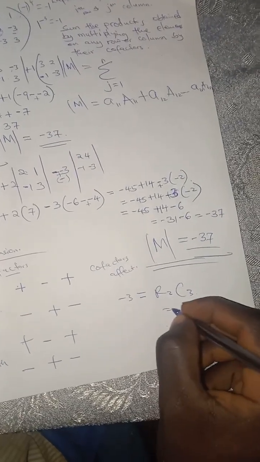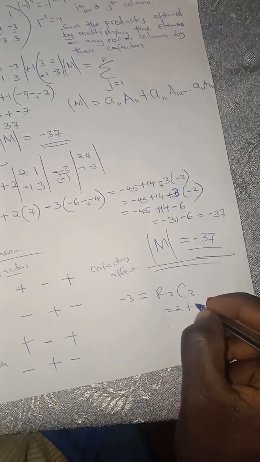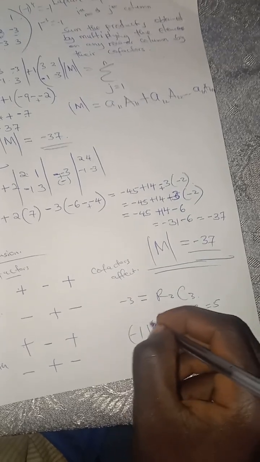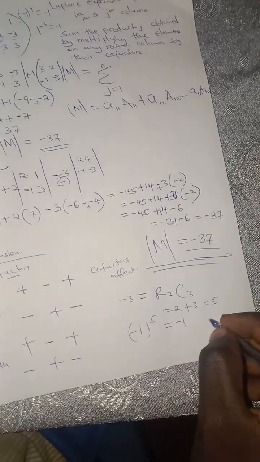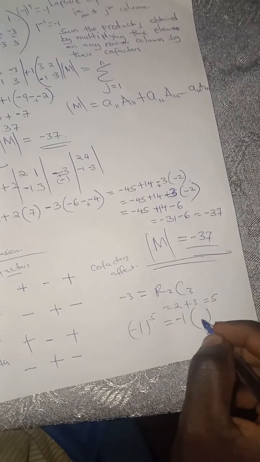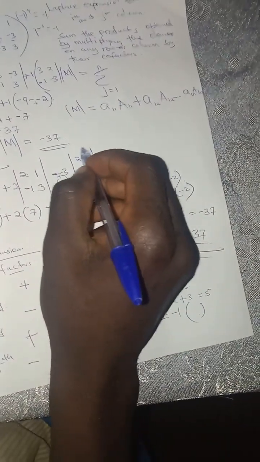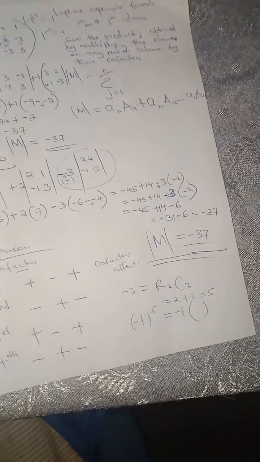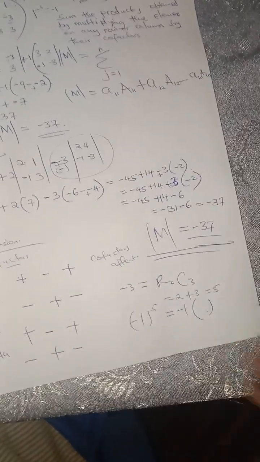So we add the row and column numbers, and we get 5. Negative 1 raised to power 5 is negative 1. That's why we say that is the value we'll have at this point. So this one has to be multiplied by a negative.